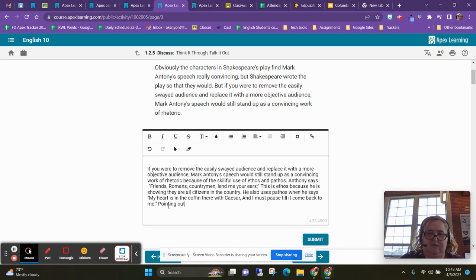Pointing out that Caesar is in a coffin and how it makes him feel is appealing to the emotion of sympathy, right? Like he's trying to make us feel bad for him.